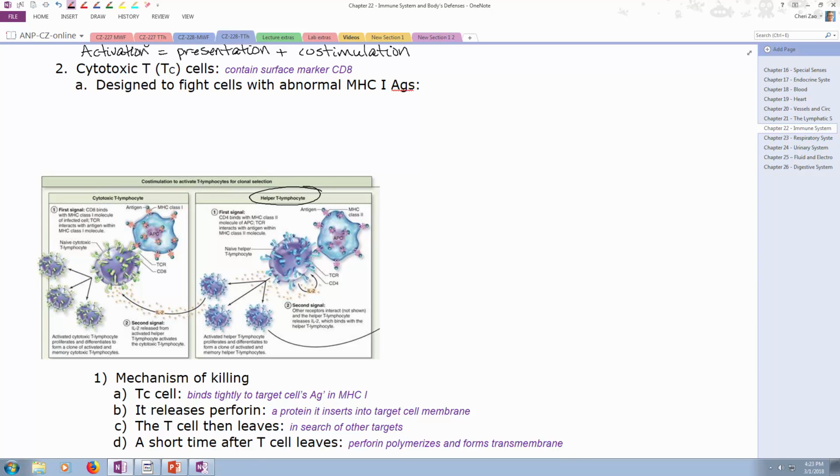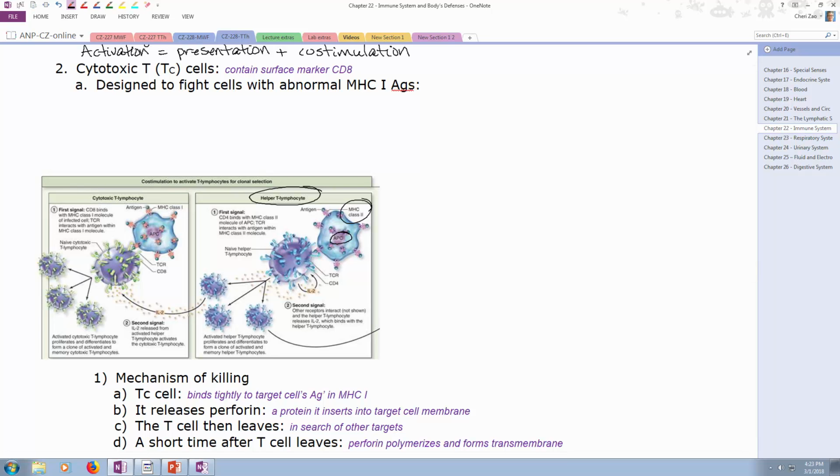We know if we see an APC here, and it's going to a helper cell, we know the helper cell has CD4 on its surface. We also know if we are an APC communicating with a T helper cell, we are using class 2 MHC to communicate with that helper cell.